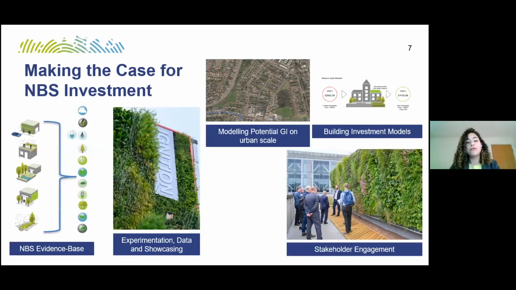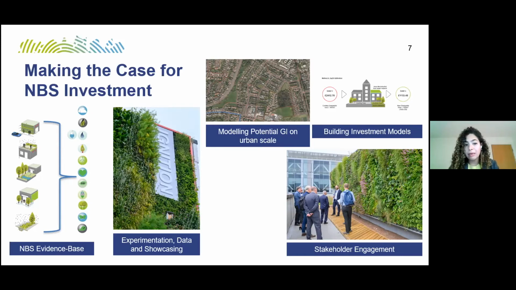So basically, if we talk about the different scales of intervention, that's on so many different levels as well. We start with the urban scale. We do have an urban mapping tool for green infrastructure, which is developing a mapping of what is already existing and how we can measure the uplift. And that is on a Greater Manchester scale.